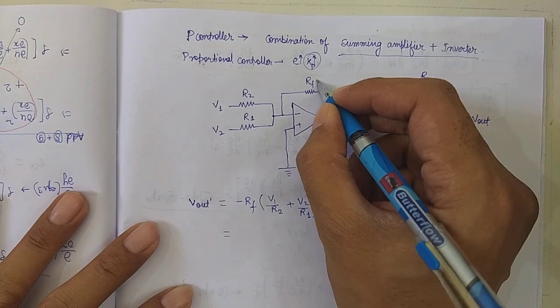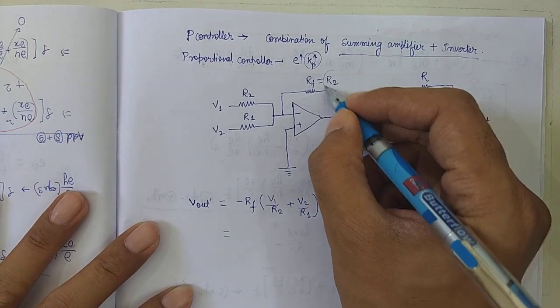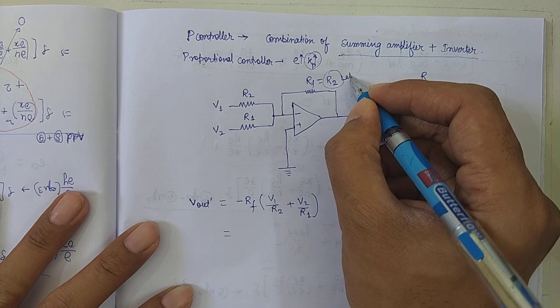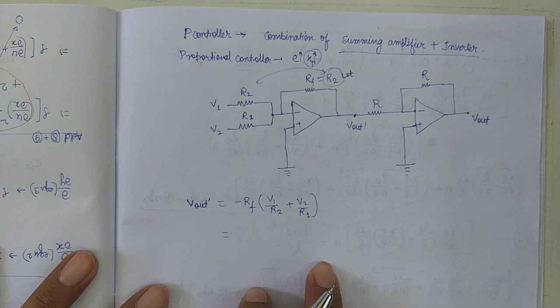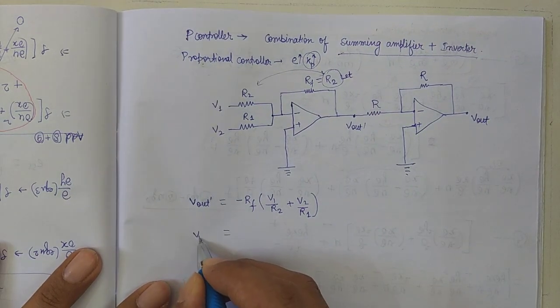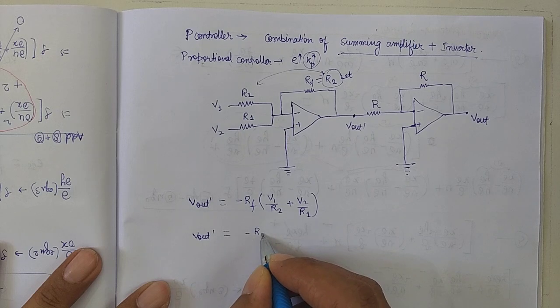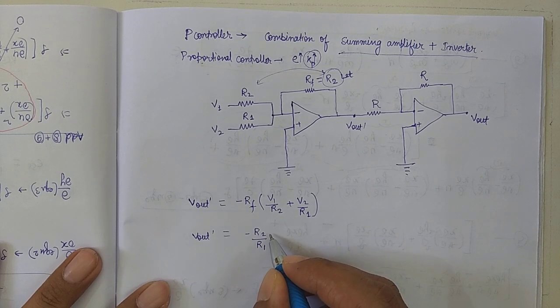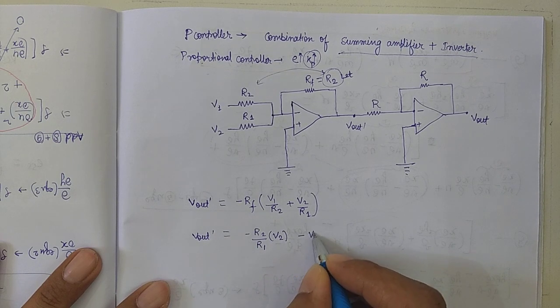And if we design this RF in such a way that we keep RF as this same resistance, we get V out dash as minus R2 upon R1 times V2 minus V1.